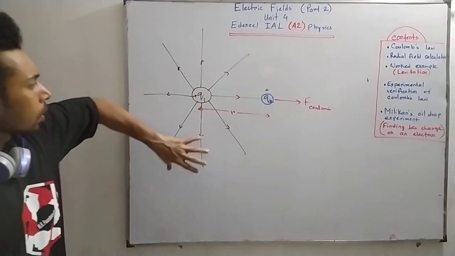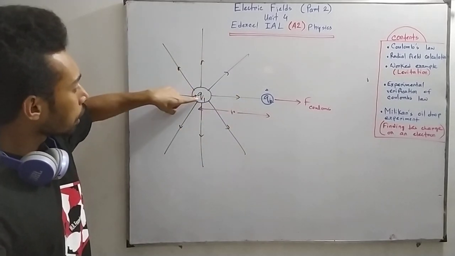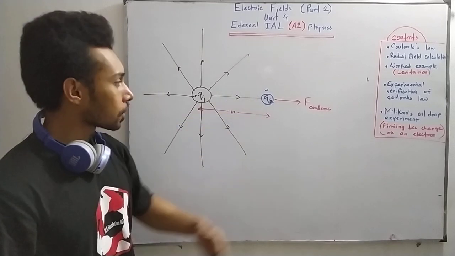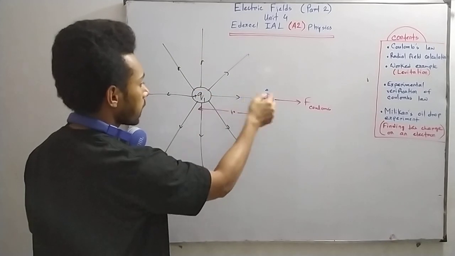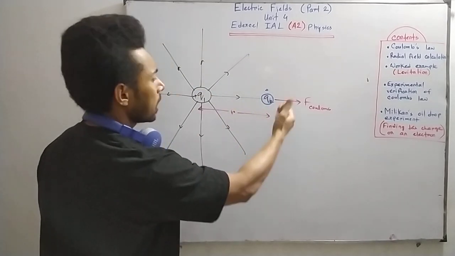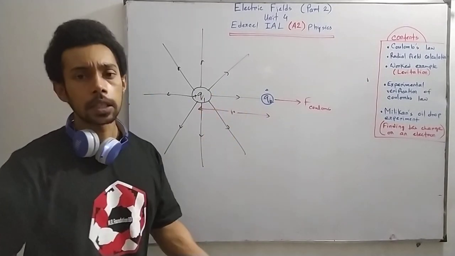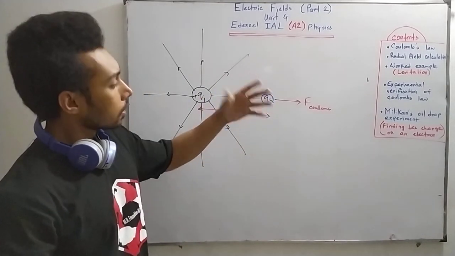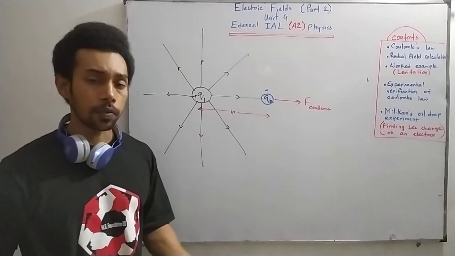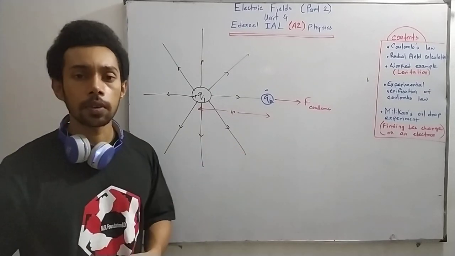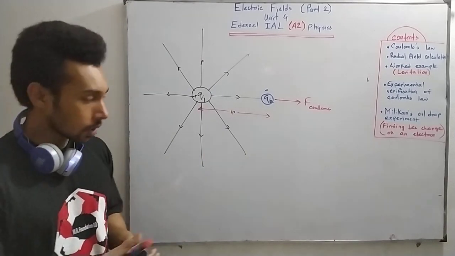So this is a radial electric field produced by the Q1 charge, and Q2, another charged particle, has been brought into the field produced by Q1, and Q2 is experiencing a force. If Q2 is negative, then the direction of the force will be towards Q1. This is the difference between positive and negative: the direction of force depends on the sign of the charge, but the size of the force depends on the distance, that means the separation, and the product of the charges.